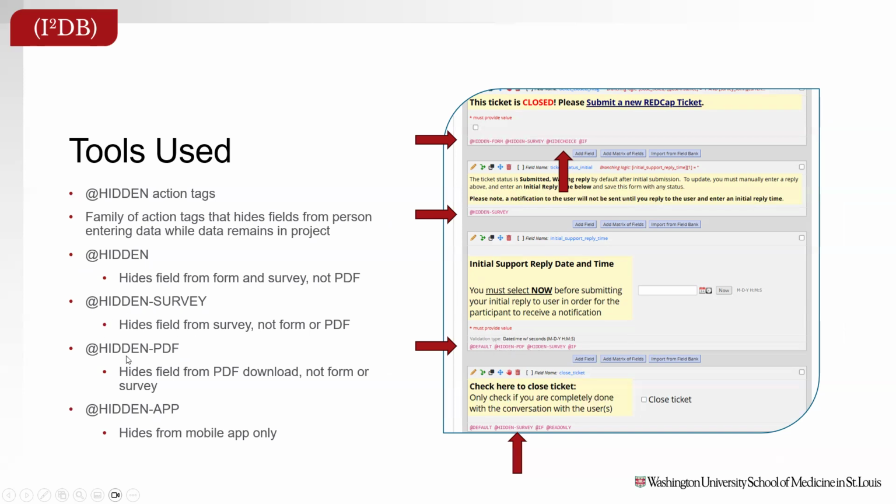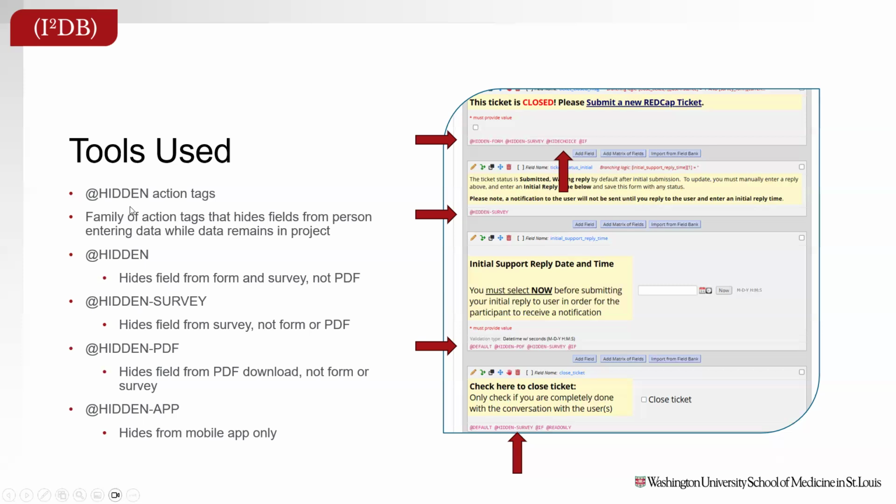But anyway, that kind of gives away the next two here. If you do hidden survey, it hides it from the survey, but not a form or PDF. If you do hidden PDF, it hides fields from a PDF download, but not a form or survey.